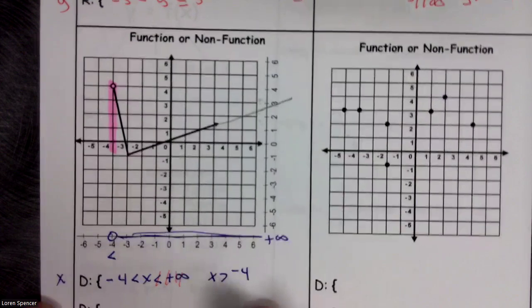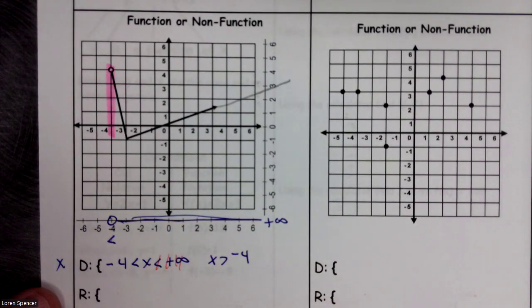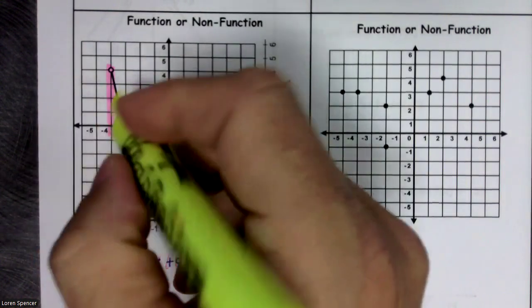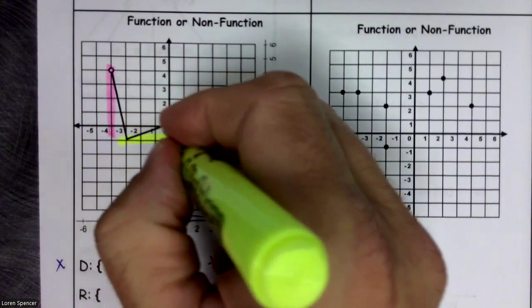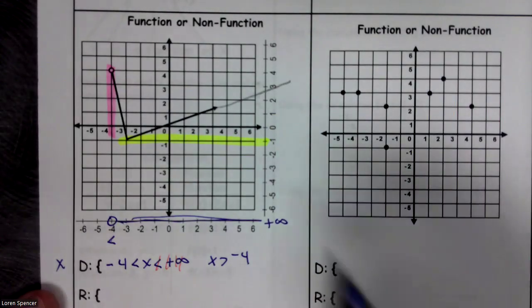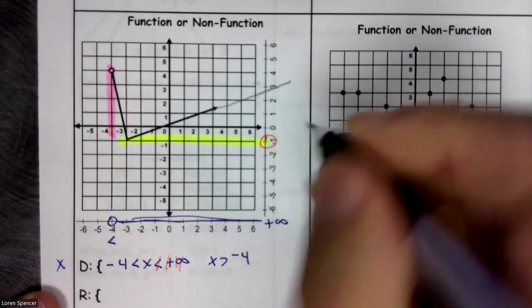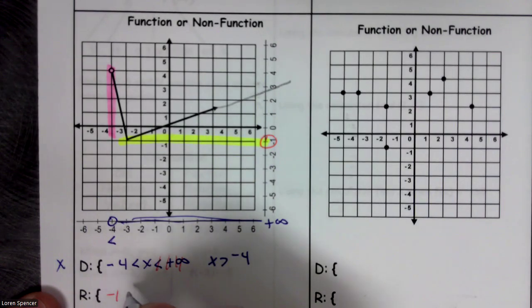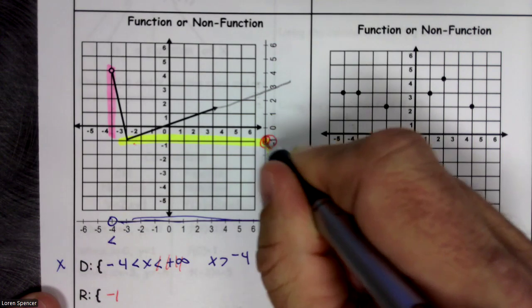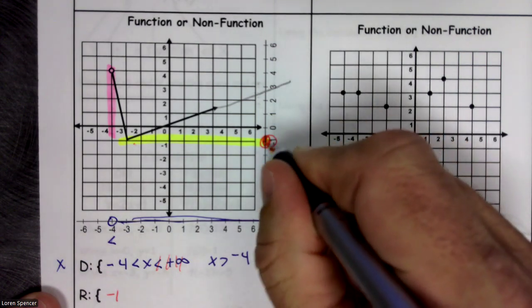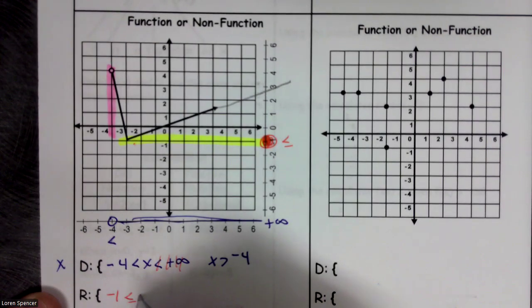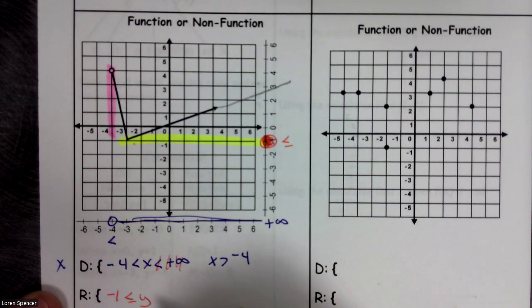The range, or the y values, we have to start with the lowest value. Be careful because the lowest value occurs right here at negative 1. It's a solid line, and solids get a less than or equal to. So negative 1 is less than or equal to y.